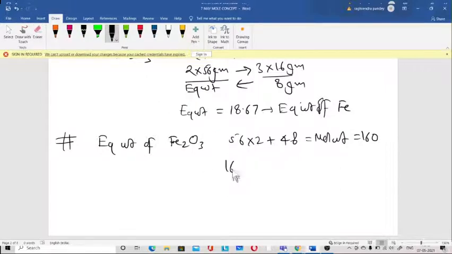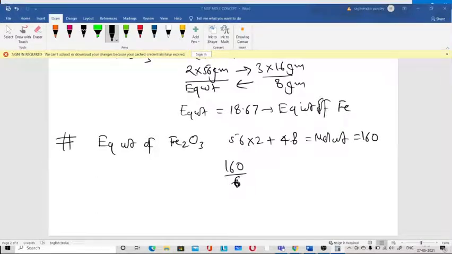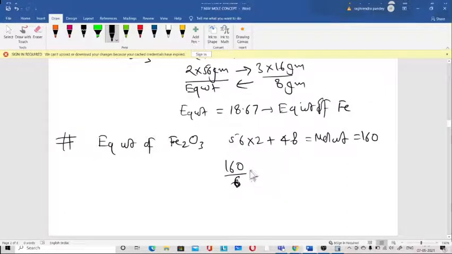Then this 160 is divided by 6. 160 divided by 6 will be 26.66. Why did I divide it by 6?